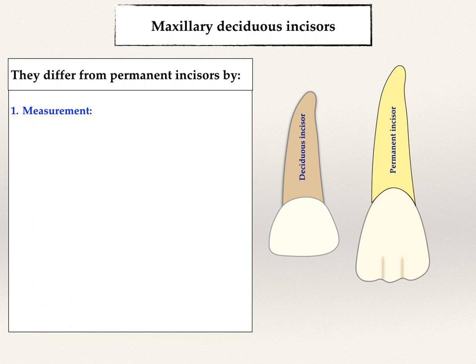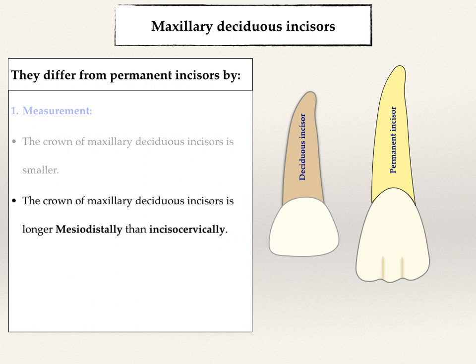Number 1, measurement. The crown of maxillary deciduous incisors is smaller. The crown of maxillary deciduous incisors is longer mesiodistally than incisocervically.